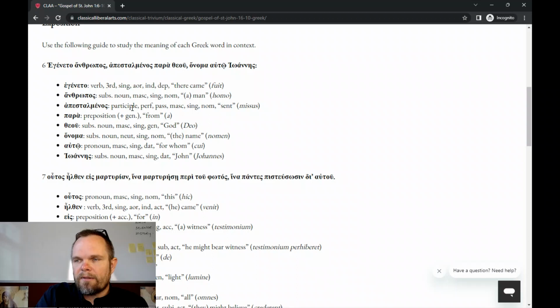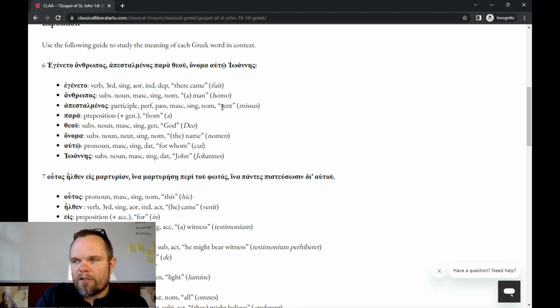It's perfect tense, and it's passive in voice. And as an adjective, it's masculine and singular, and in this sentence, it's used in the nominative case. All of that grammatical information is packed into this participle form, apestalmenos.